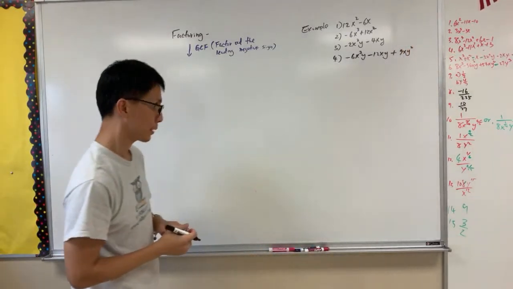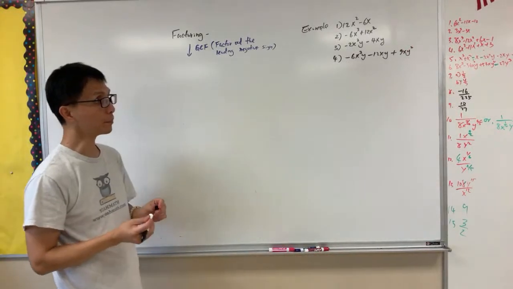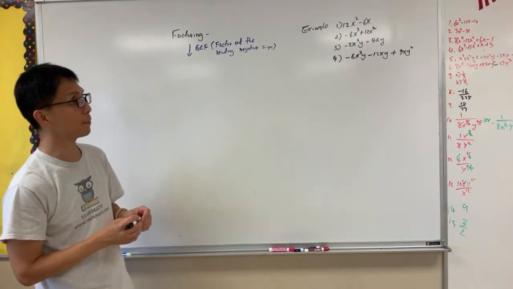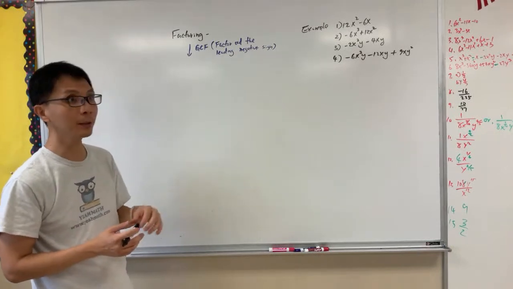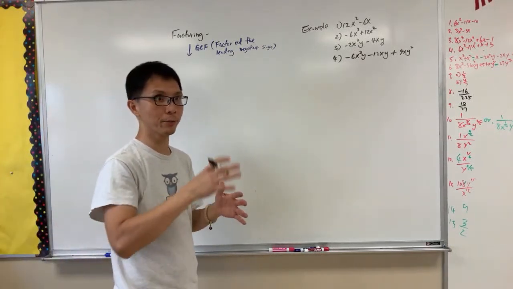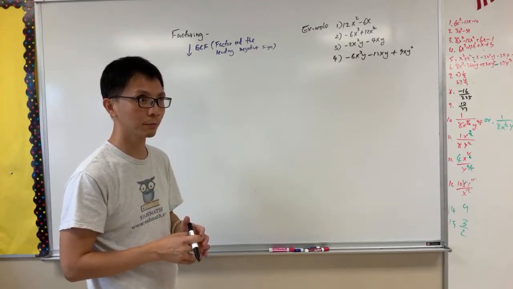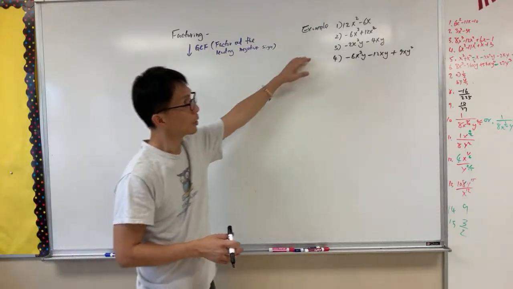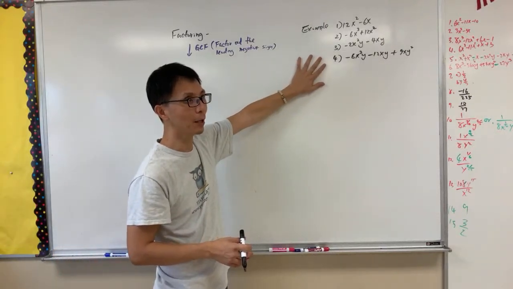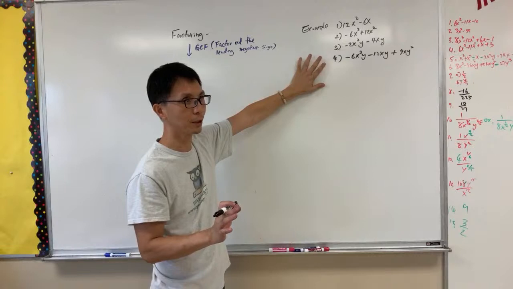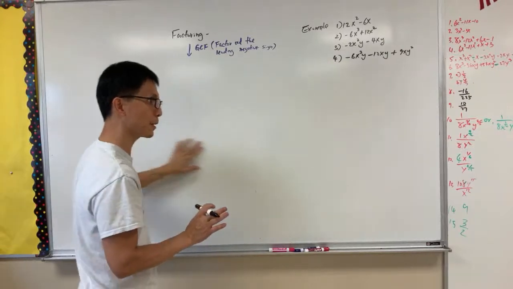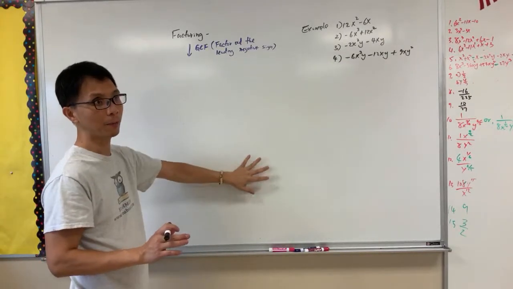Okay, let's factor all that out. So we're going to look at all the simple GCFs before we do anything. So remember, first step is always what Daniel says, GCF. Regardless of any other type of question, always look at GCF first. If you forget GCF, the rest of the things that we're going to do on the bottom might be wrong.